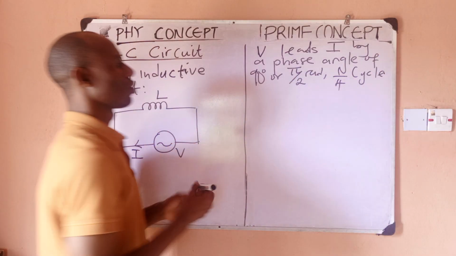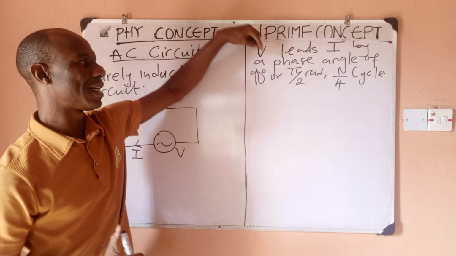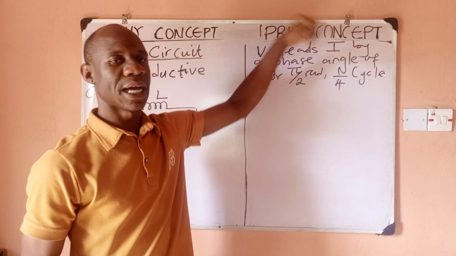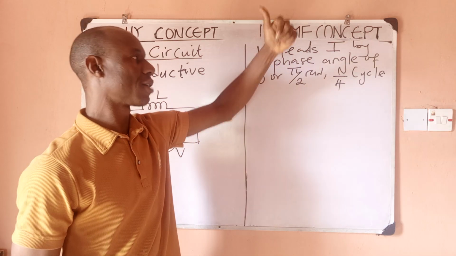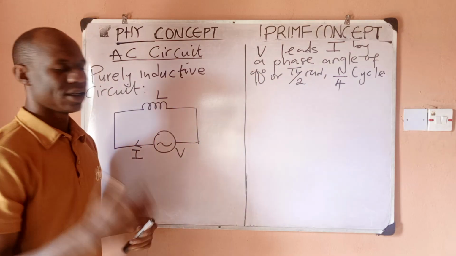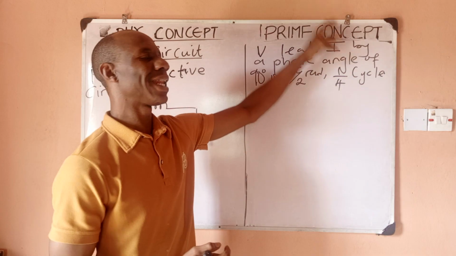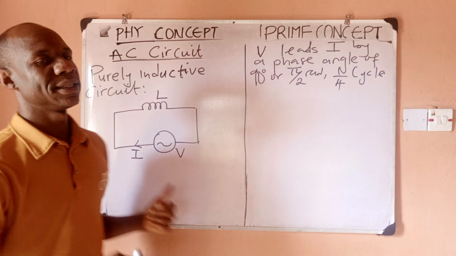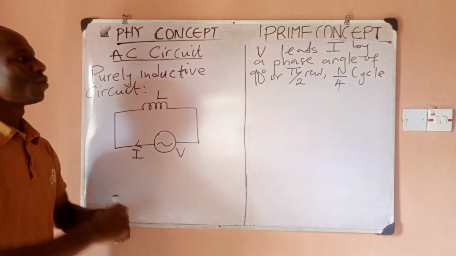So any of these will go. But the major concept here is that voltage is always ahead of what? Current. And by what angle does it lead current? It leads it by 90 degrees. Or you can simply say that current lags behind voltage by the same amount of 90 degrees. So this is one thing we should know.